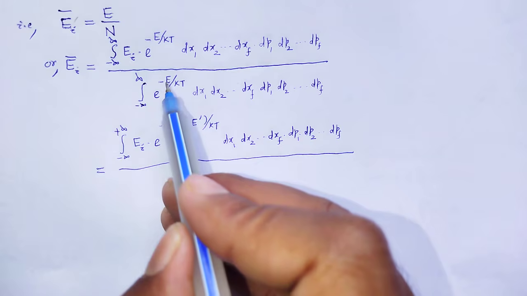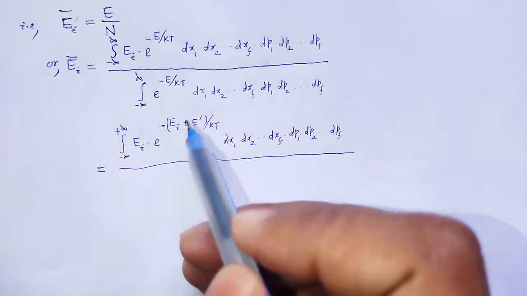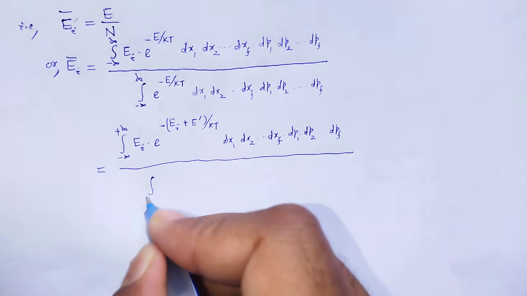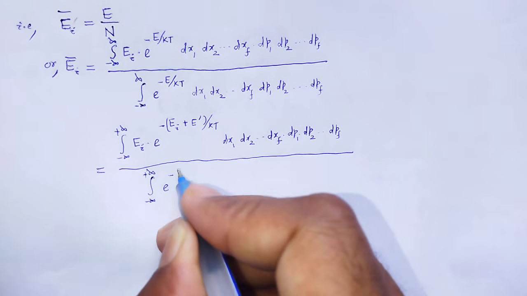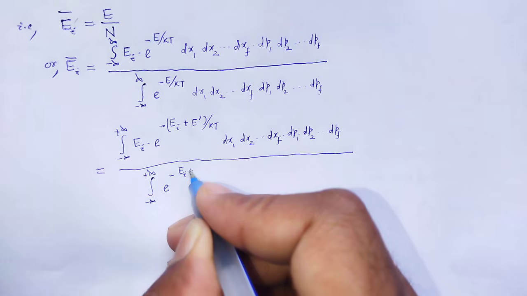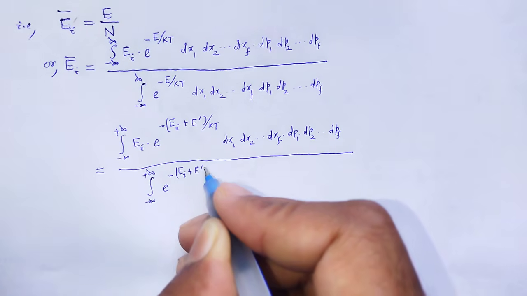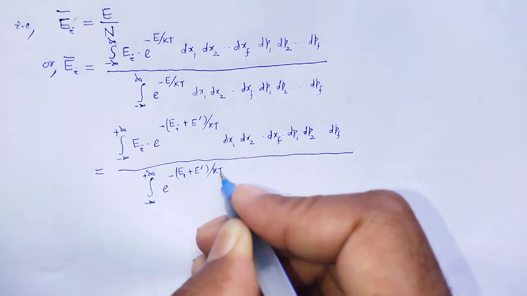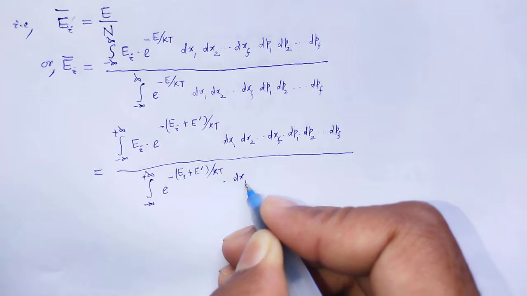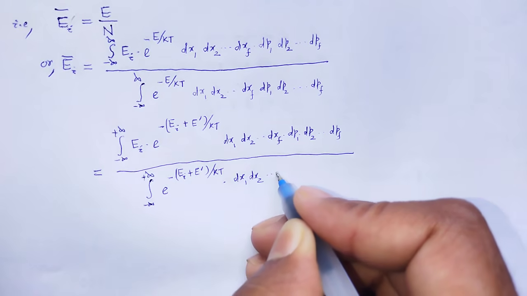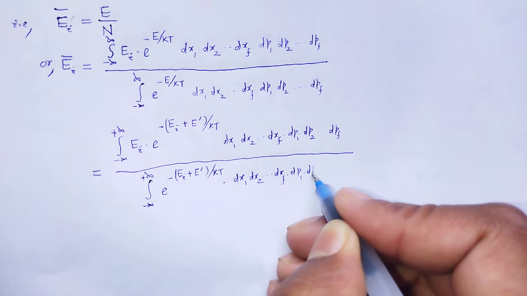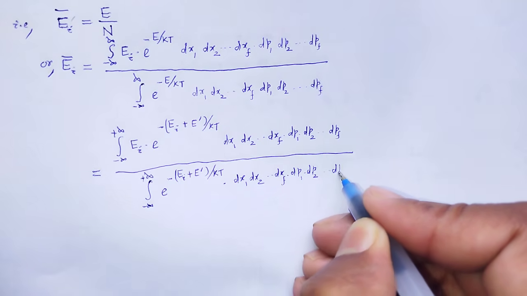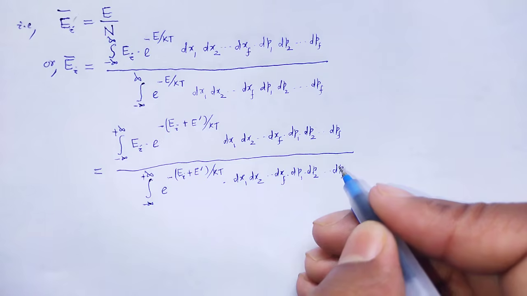again in place of E we substitute EI plus E dash, that is integration over minus infinity to plus infinity e to the power minus EI plus E dash divided by kt into the coordinates dx1 up to dxf, dp1, dp2 up to dpf.